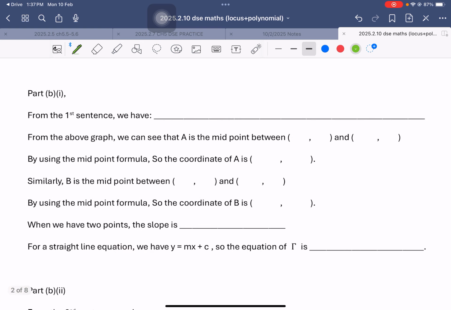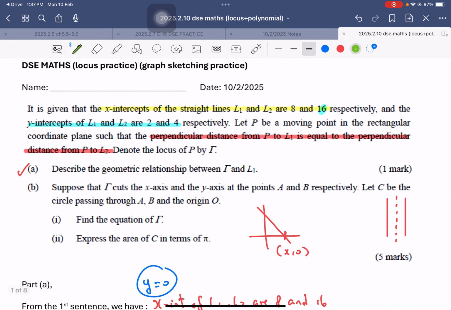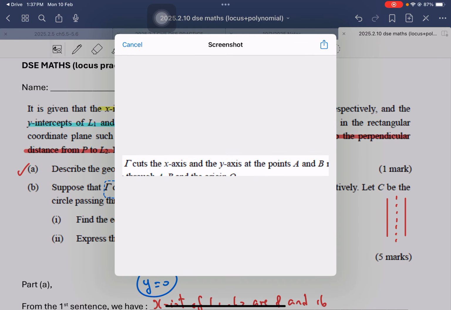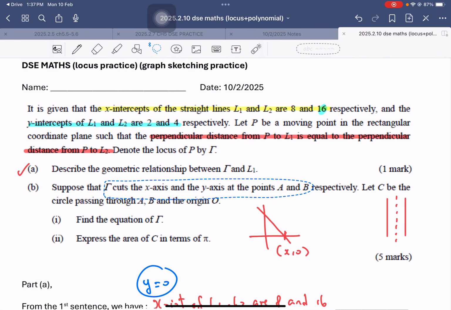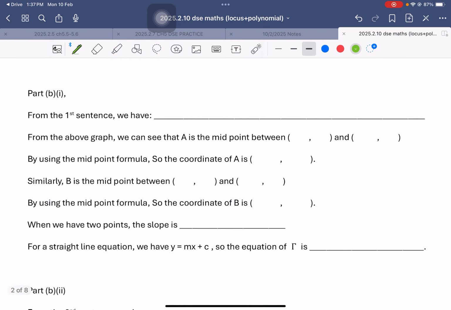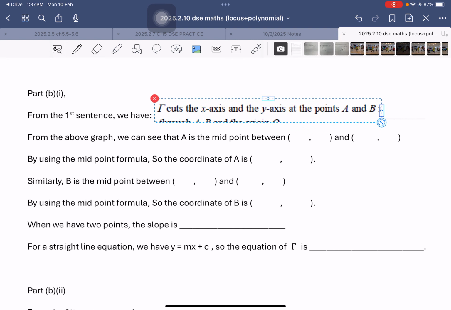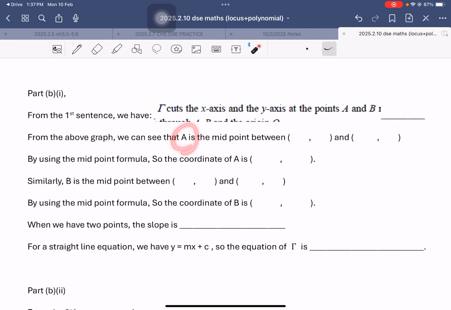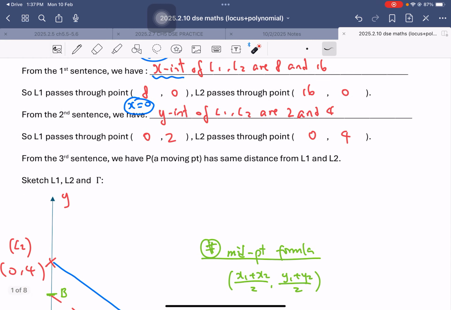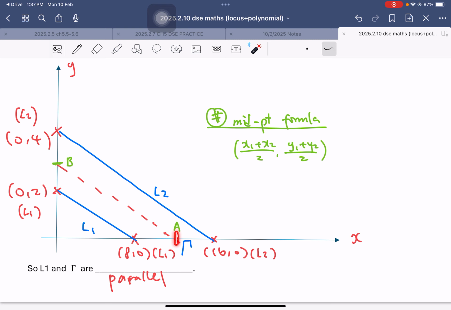So the next page, from the first sentence of part B, the torque cuts the x-axis and y-axis at A and B. Just write it yourself. And then from the graph, we can see that A is the midpoint between which 2 points?